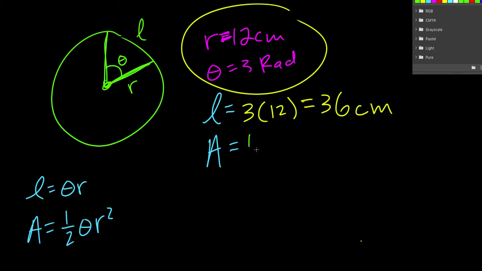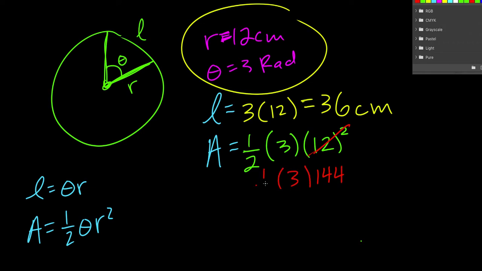Area is going to be 1/2 times theta times R squared. As we simplify this, we want to do exponents first. So that's 144. And then we can just multiply this straight across.